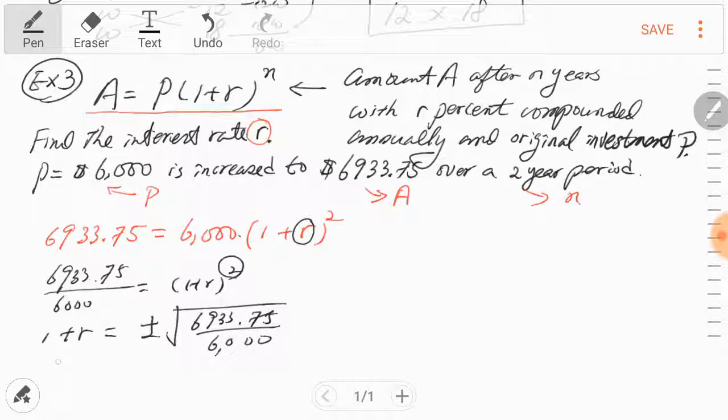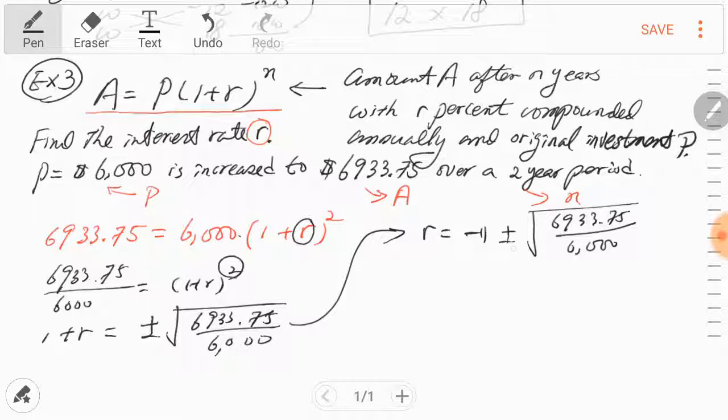Then move 1 to the other side, so that R equals negative 1 plus or minus the square root of, we have to use a calculator. Negative 1 minus the root is negative, so actually this is equal to negative 1 plus the square root of this, because negative minus is still negative, so in that case we don't need it.